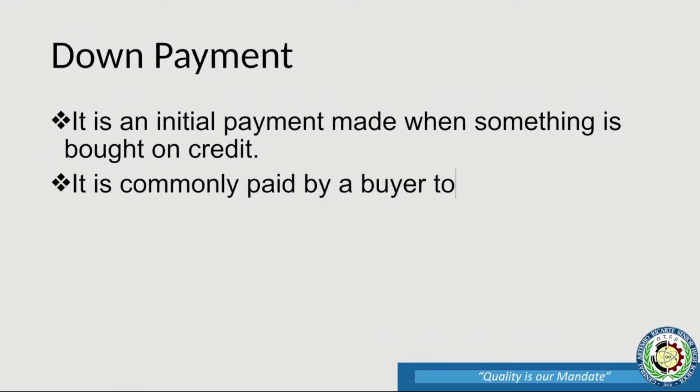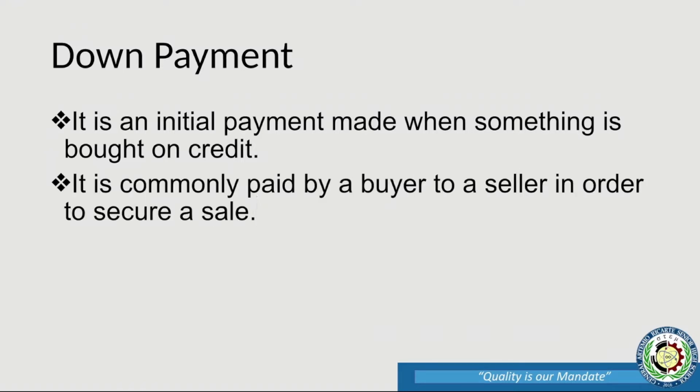It is commonly paid by the buyer to the seller in order to secure the sale. It is not uncommon that, in the event the buyer is unable or unwilling to finalize the order, the down payment is not refundable. If the buyer cancels for any reason, the down payment might also not be returned.